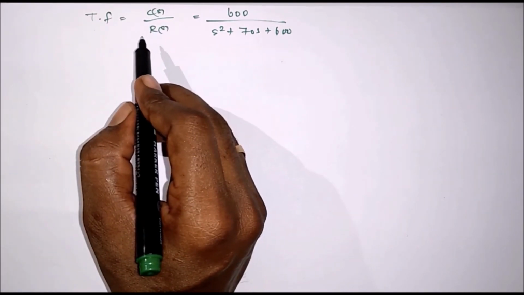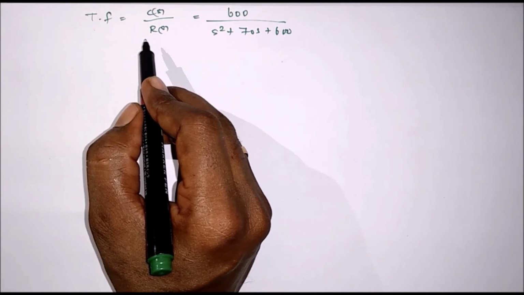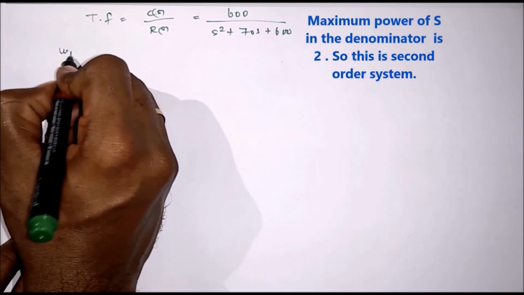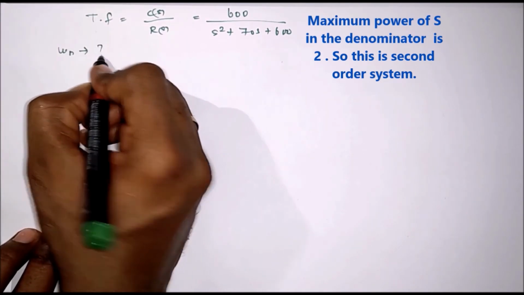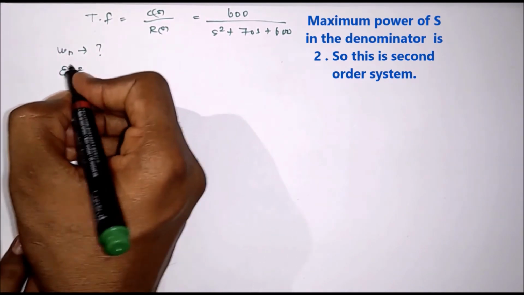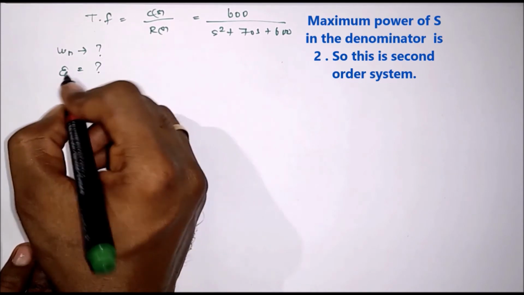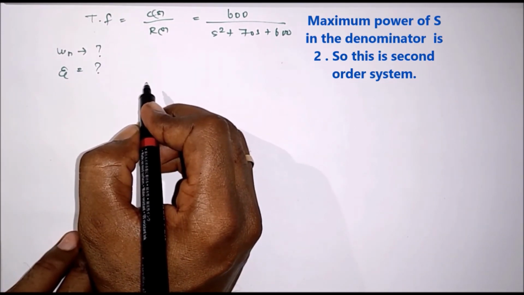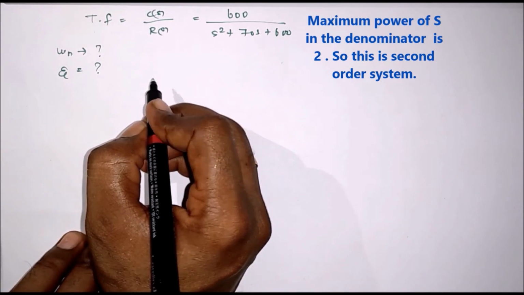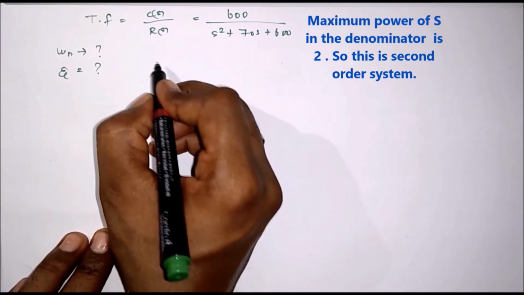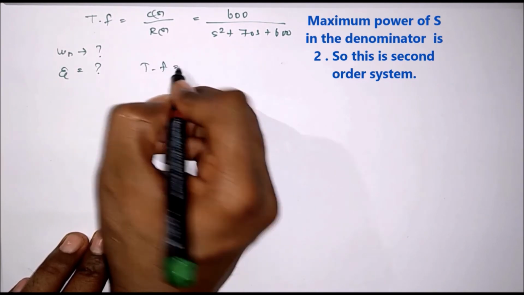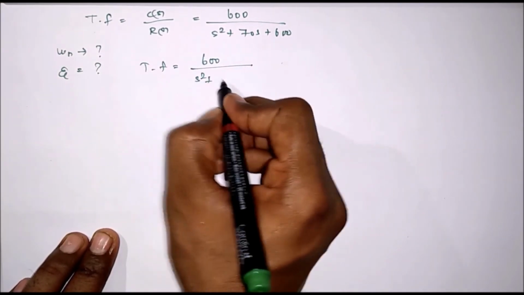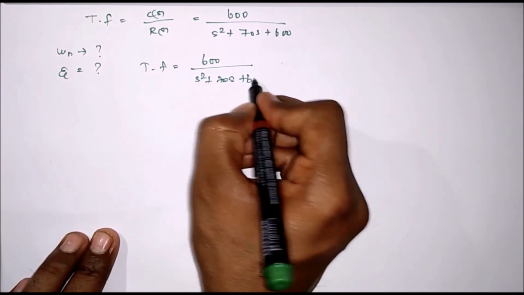After that, the next requirement is to determine the undamped natural frequency omega n and the damping ratio eta. We know the structure of the second order closed loop transfer function. The transfer function of the closed loop system we obtained is 600 divided by s square plus 70s plus 600.